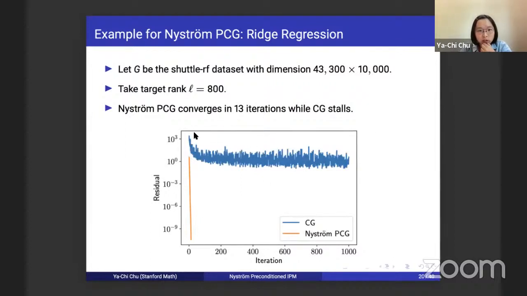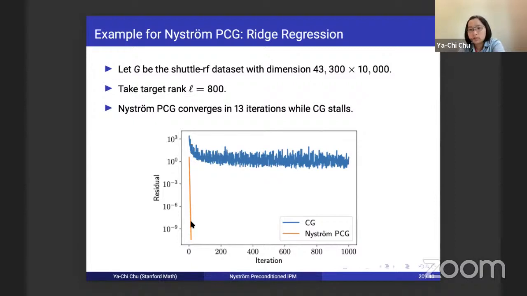We see that CG stalls here, but the Nystrom PCG goes down to, I think, machine precision in a certain number of iterations. So in this example, it very successfully accelerates the linear system solver. So this is the idea of the Nystrom preconditioner.